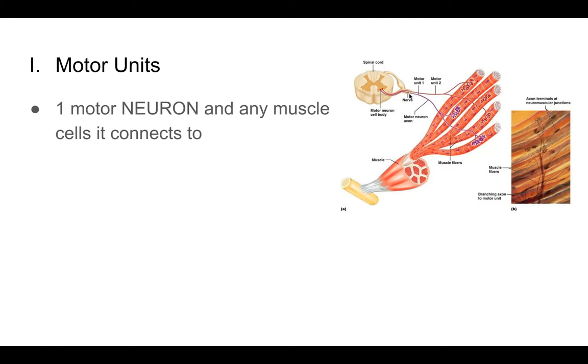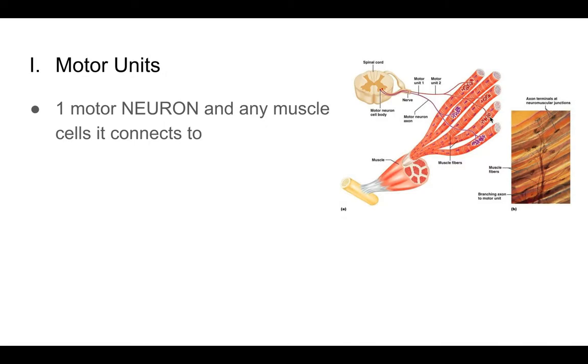And so here, if we track one motor neuron, we could track the purple one here. A motor unit would be this purple motor neuron extended out, landing on two muscle cells.